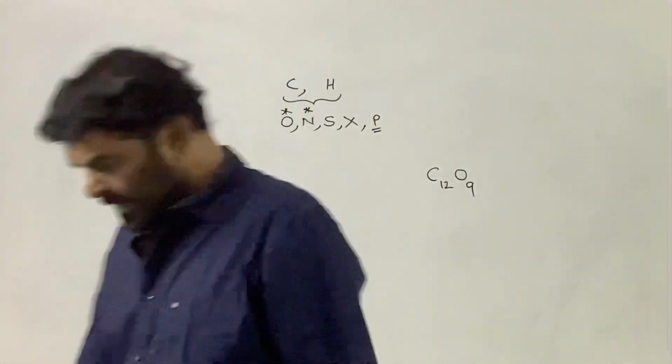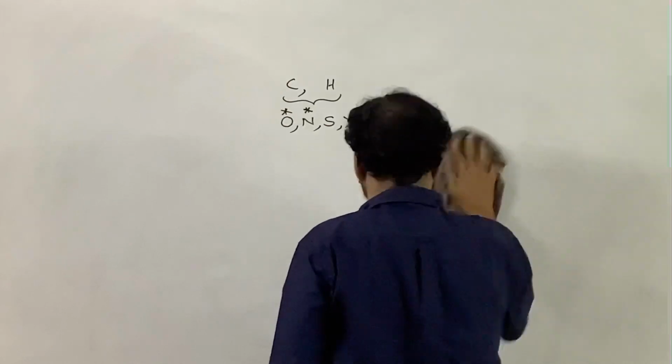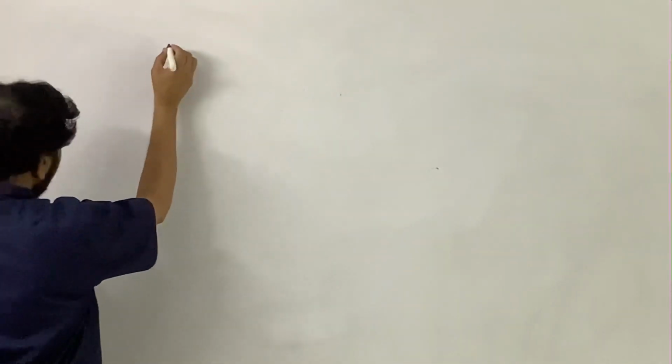So there are several procedures. For each element there is one chemical procedure. See, first, the detection of carbon and hydrogen.